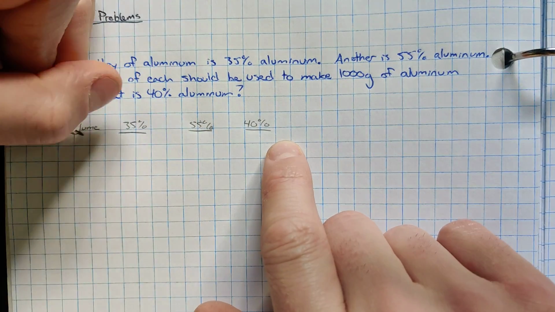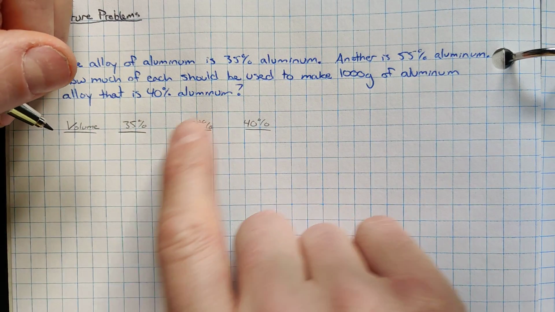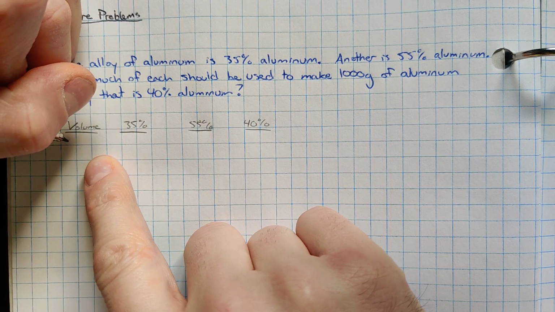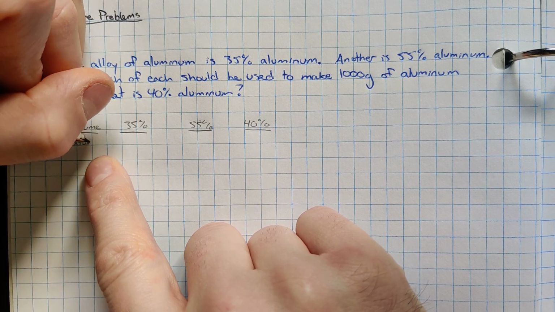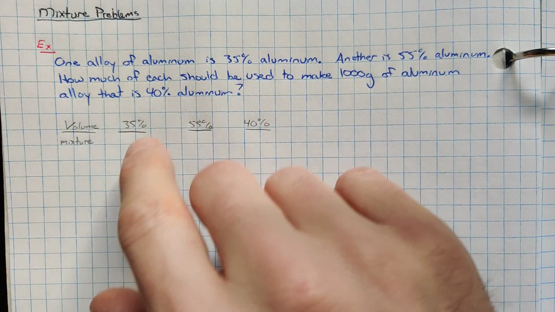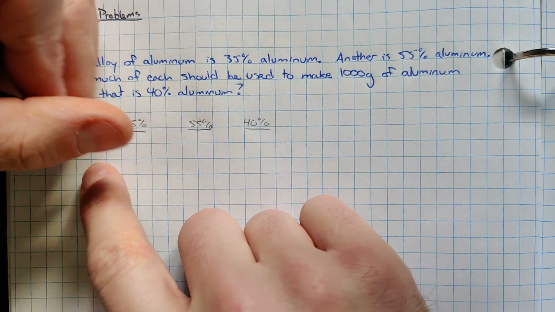So the percentages become our headings. So the volume of the mixture, or let's better call it an alloy in this case.